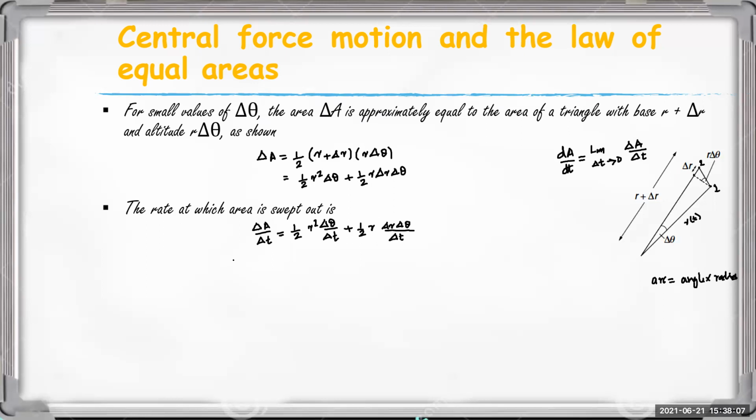Okay, then dA divided by dt is equal to the limit delta t tends to 0.